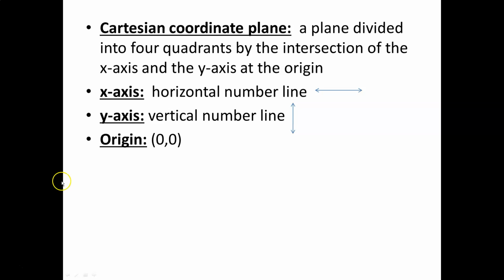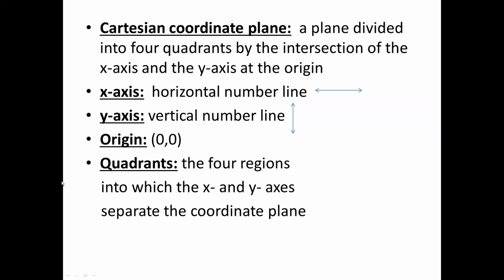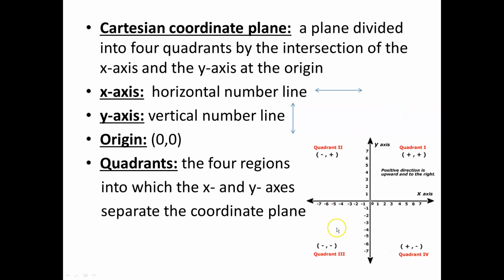The origin is (0, 0), and the quadrants are the four regions into which the x and y axes separate the coordinate plane. So here's our Cartesian coordinate plane: the x-axis, the y-axis, the origin, and the quadrants 1, 2, 3, 4. They should make a C, as in Cartesian Coordinate System.